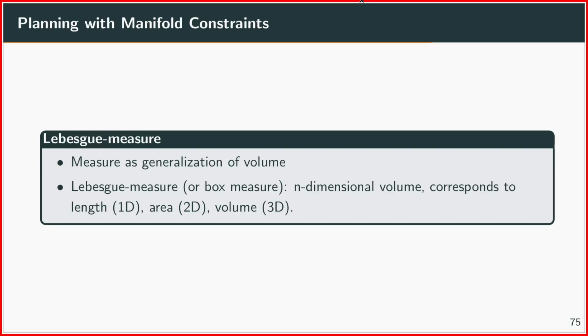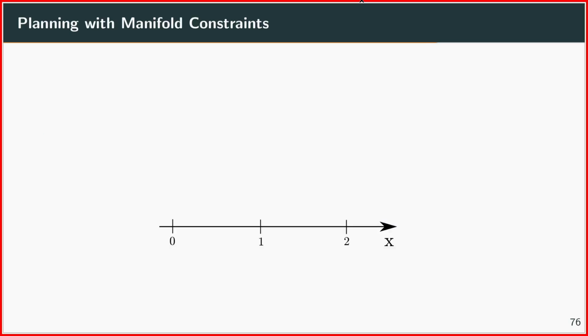And for that, I want to first start with what is actually a measure. So a measure, or the Lebesgue measure, what I want to use here in this case, is basically a generalization of a volume. And so the Lebesgue measure is a very specific type of measure of volume. Namely, it's an n-dimensional volume, and it corresponds to length, area, or volume in 1, 2, and 3D.